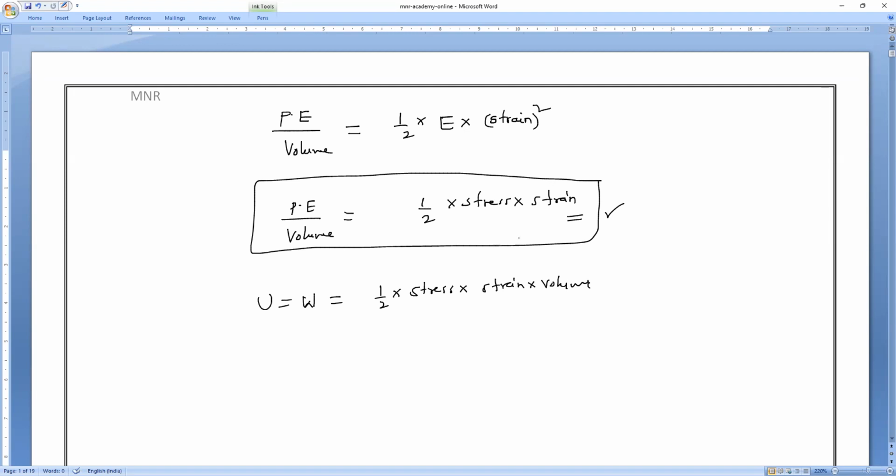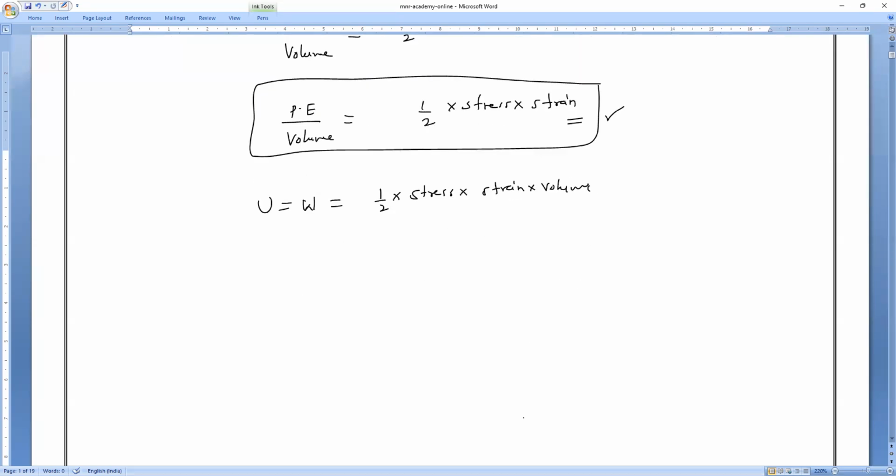Now, we will do the same derivation for a spring also. So what will happen if I take a spring? Let me take that the spring is exerting some force, and the extension of the spring we will take as delta x.